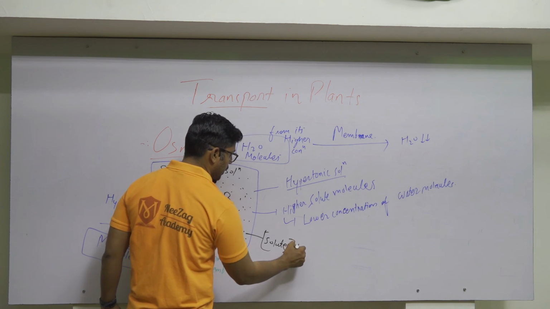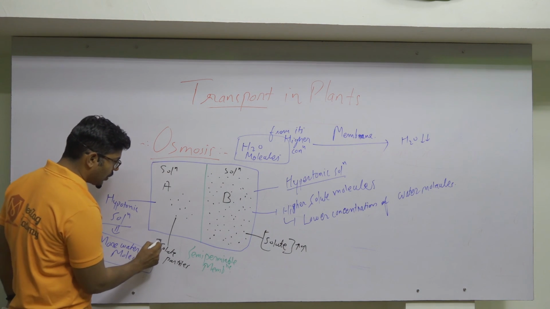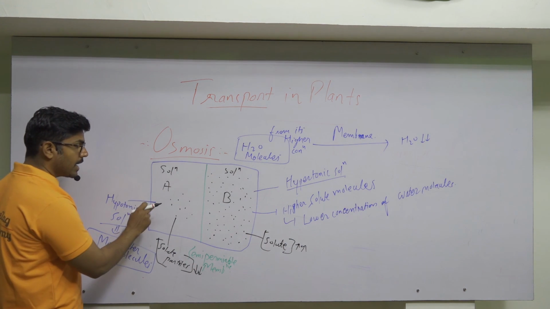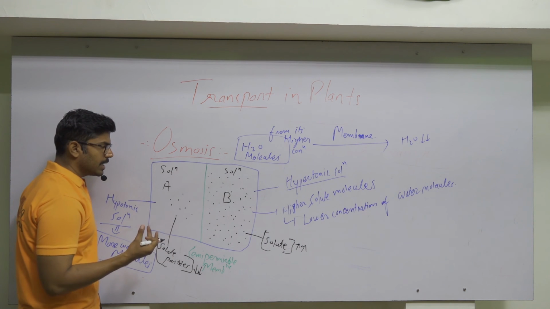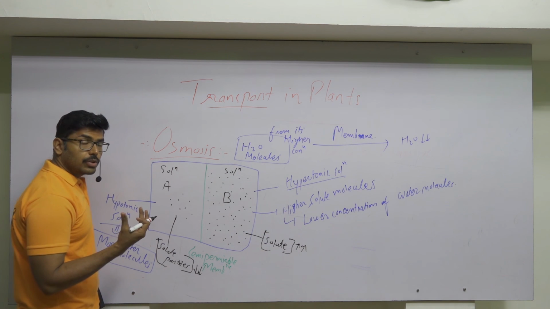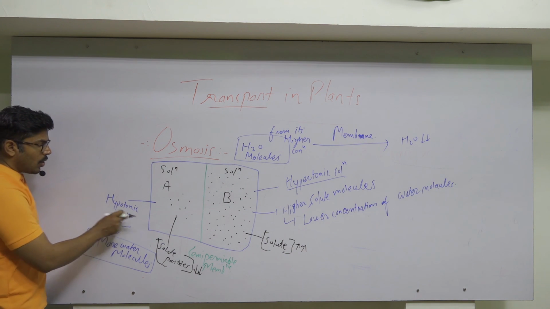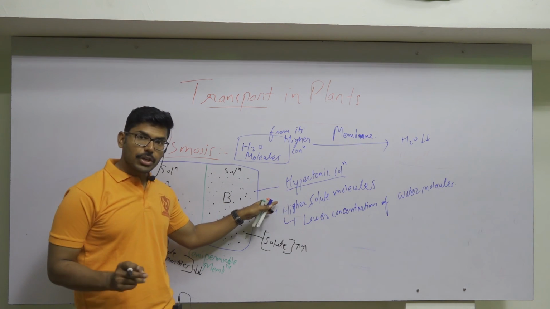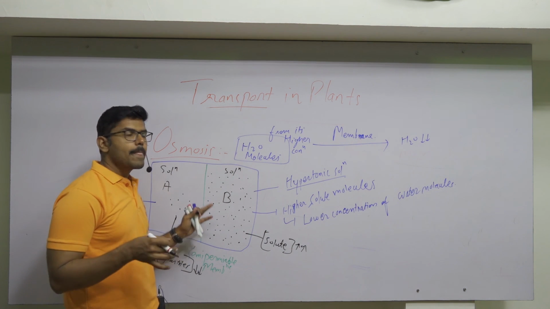So its concentration is very high in solution B, whereas in solution A the solute particle concentration is very low. It means it has a high concentration of water. If solute particles are fewer, then automatically it has more water molecules. So it is called a hypotonic solution, and this is called a hypertonic solution. It means it has a higher concentration of solutes and a lower concentration of water molecules.